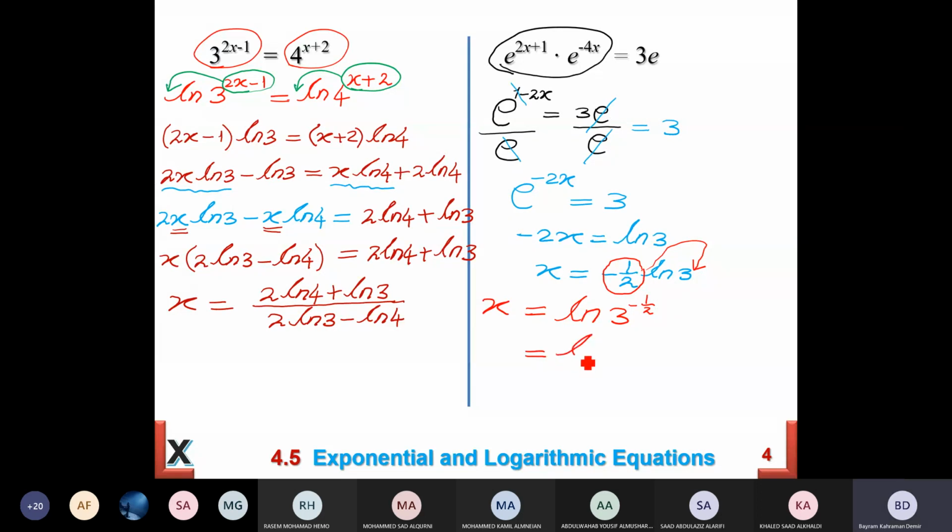So I can even write this as ln of 1 over root 3. Can you guys see that? This is clear, hopefully, for everybody, inshallah.